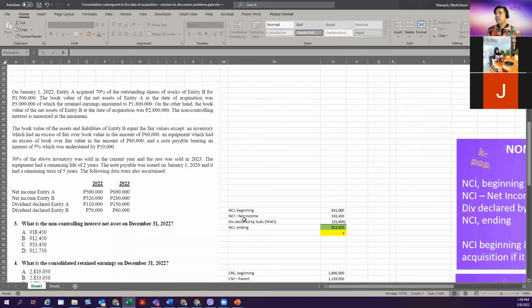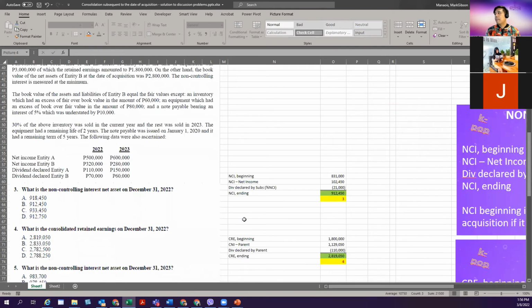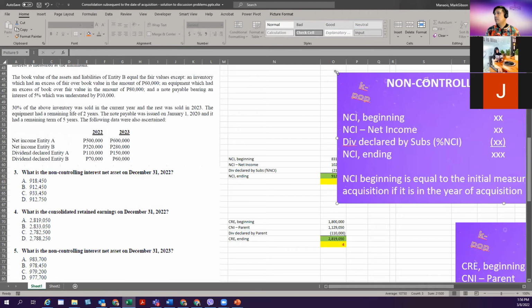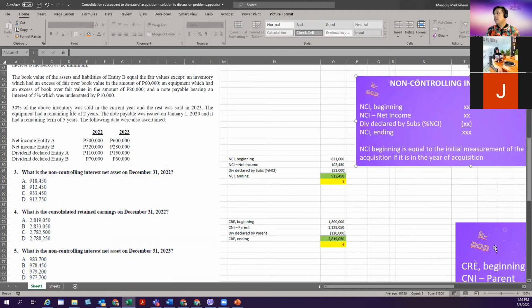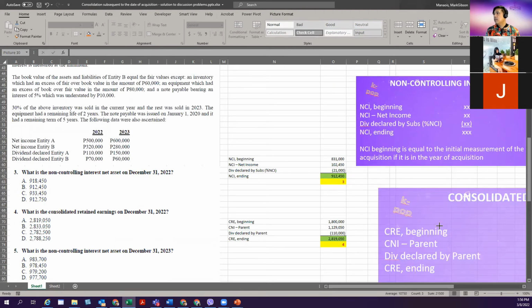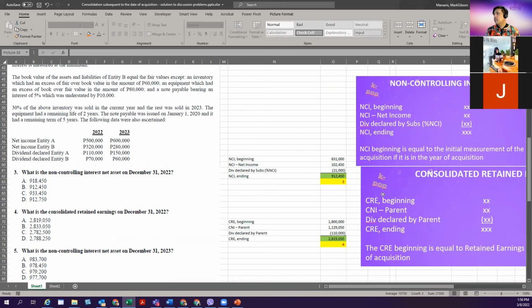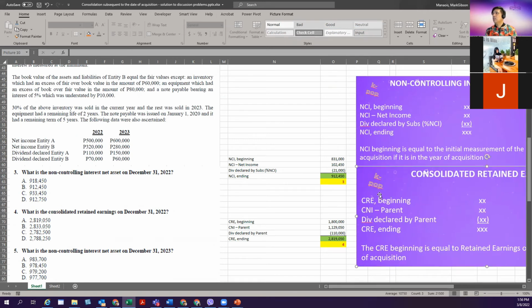So let's go to this. The next requirement is non-controlling interest in the net assets. Let me get our template again. We have non-controlling interest, beginning.